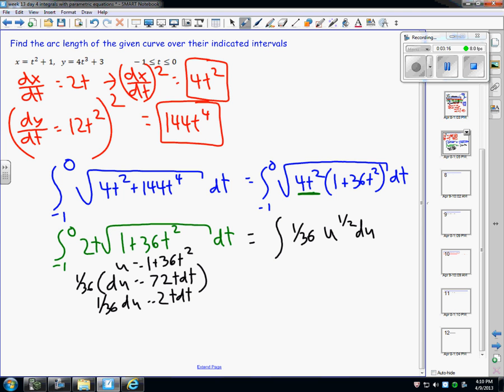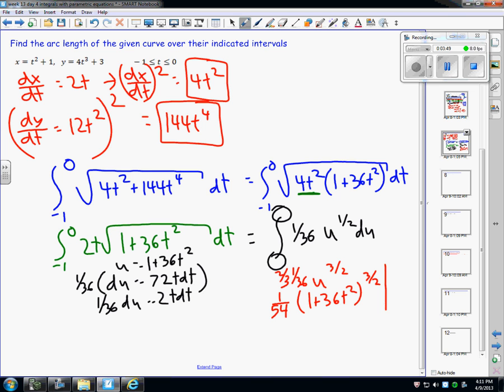Notice I didn't write in the constants -1 and 0. I kind of left those two places blank because it doesn't involve t's, it's involving u's. So when I solve this, I'm going to get u to the 3/2, 2/3 of this, which is 1 over 54, 1 plus 36t squared to the 3/2.